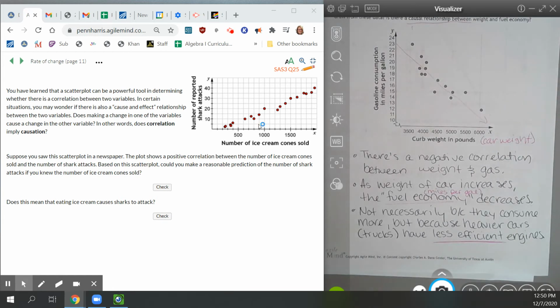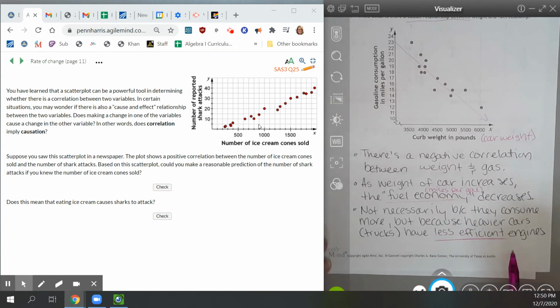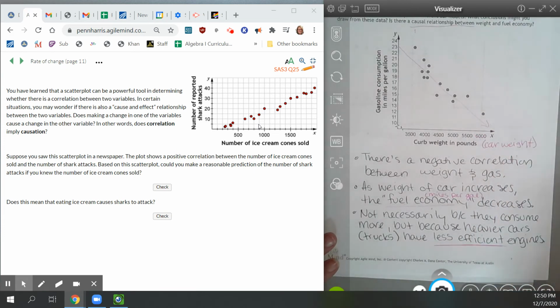And his car I think I would say it's heavier. I don't know. Okay. So there's a lot of factors there, but typically heavier cars have less fuel efficient engines. It's not that they get less miles because they're heavier. It's caused by something else.